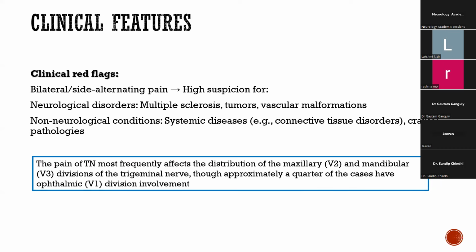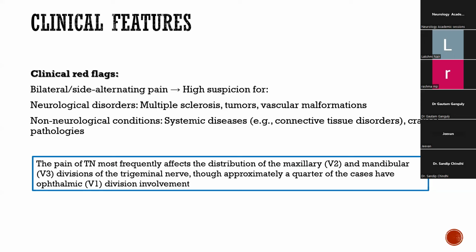Next, what are the red flags? With bilateral side-alternating pain, we should be highly suspicious of other neurological disorders like multiple sclerosis, tumors, as well as vascular malformations, and other non-neurological conditions like systemic diseases, connective tissue disorders, as well as cranial pathologies should be considered.